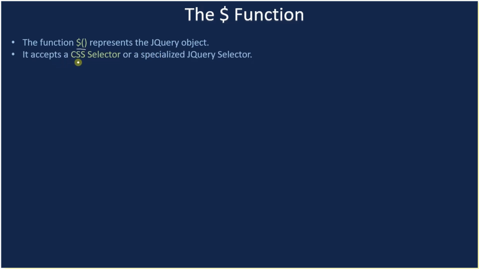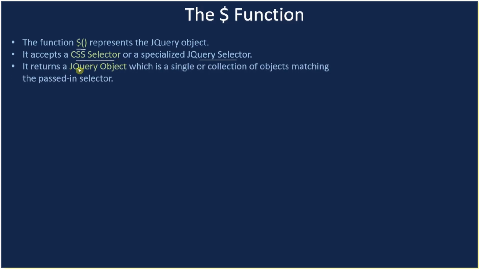So the jQuery object accepts a CSS selector, or it can accept a specialized jQuery selector also. As we proceed through this sub-series, we will come to know both CSS selectors as well as jQuery selectors.